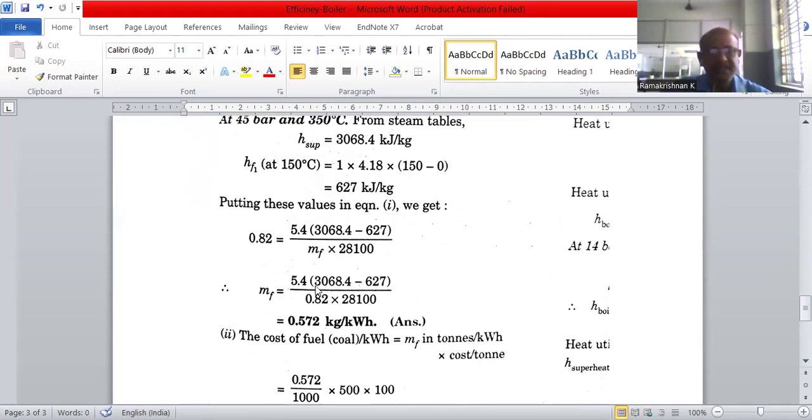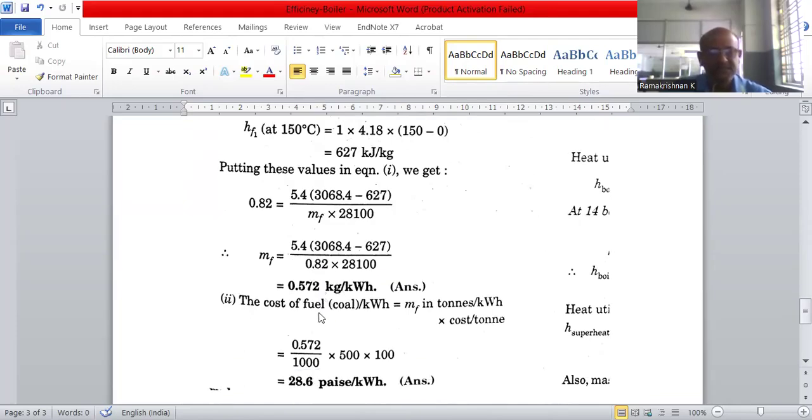From that, we can easily calculate the mass of the fuel per kilowatt hour. It is 0.572 kg per kilowatt hour. So the first question is over. Per unit of power generated, the fuel consumption is 0.572 kilogram of coal.